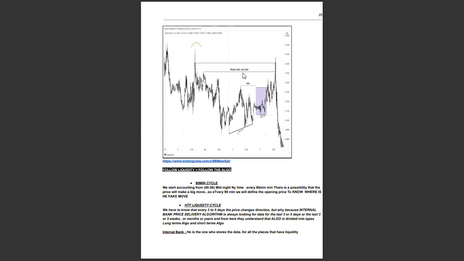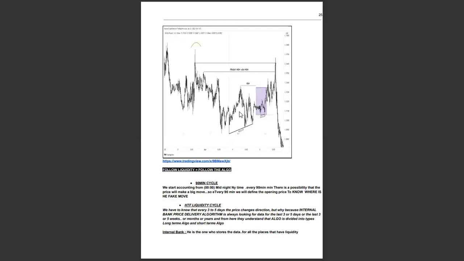It's another Frankfurt high. For example, from up here down here, see this liquidity, the build up area, then gives us full liquidity equals full algo.